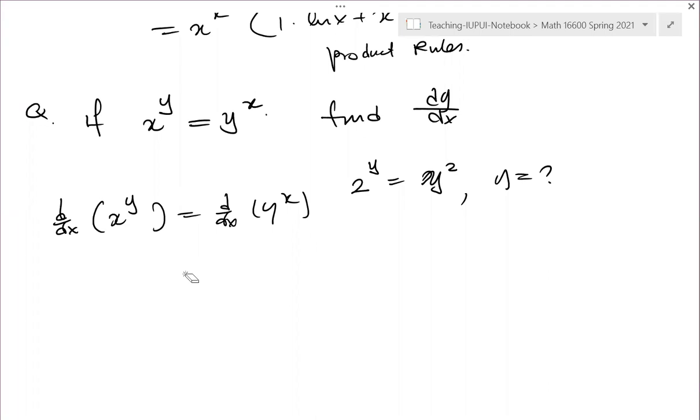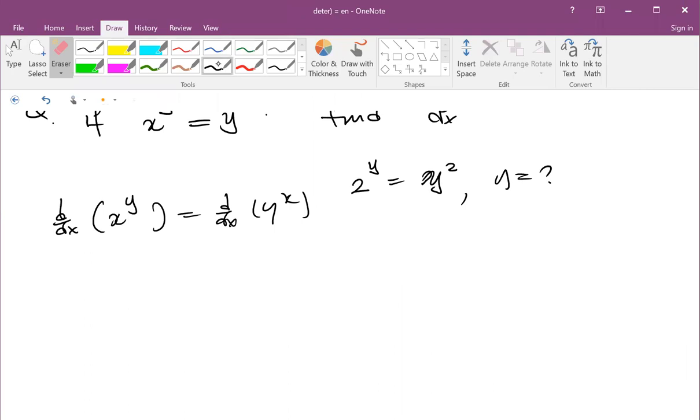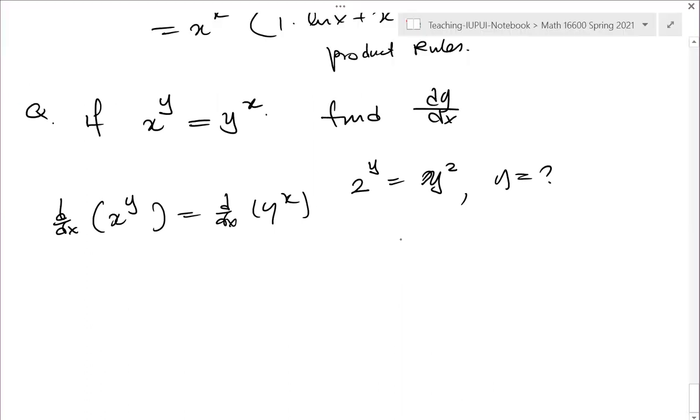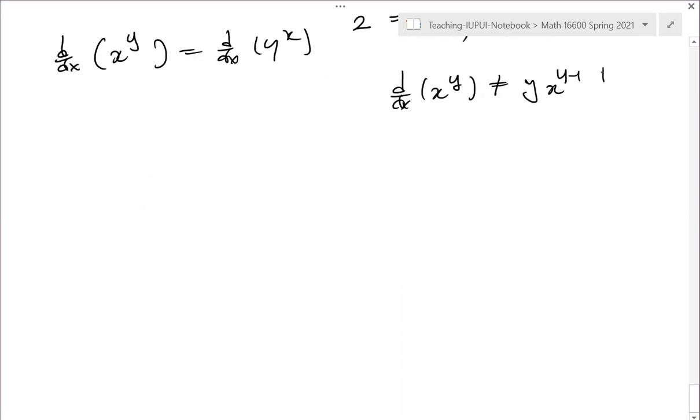Are you able to differentiate this? This is a place where you may make mistakes. The derivative of x to the y is not going to be y times x to the y minus 1, because y is also a function of x, it's not a constant. And then you say, how about I put a dy over dx? That's wrong.